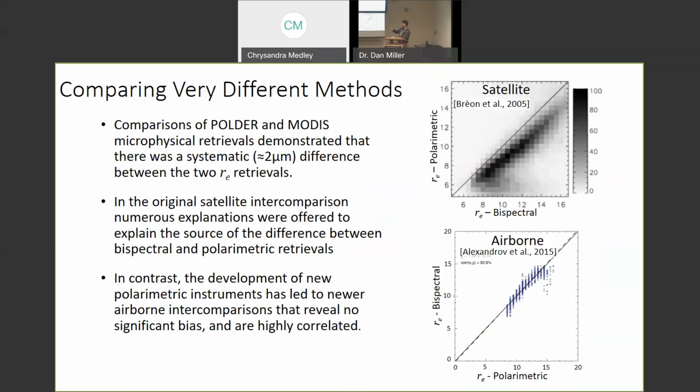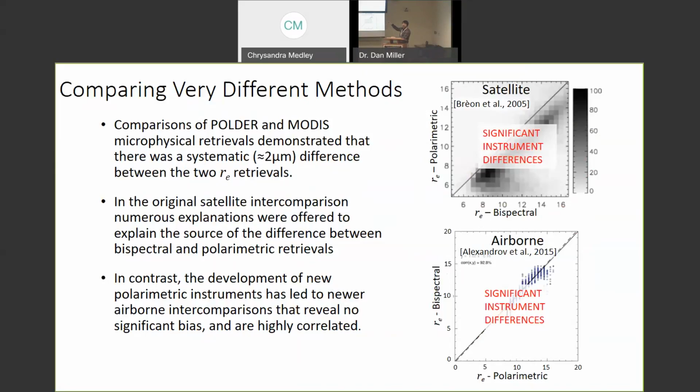It's a big difference in terms of the onset of collisional coalescence, which happens after you get above a certain droplet size, and it doesn't happen if you aren't above that droplet size. So if you say that your droplets at the cloud top are 20 micrometers, or you say 18, that means something. That's important.